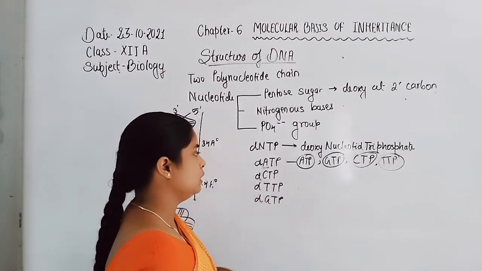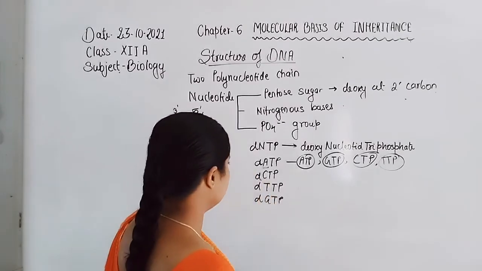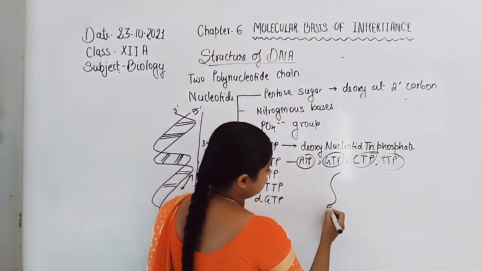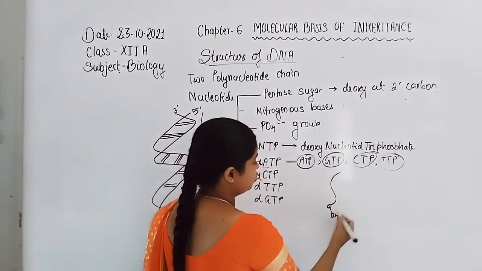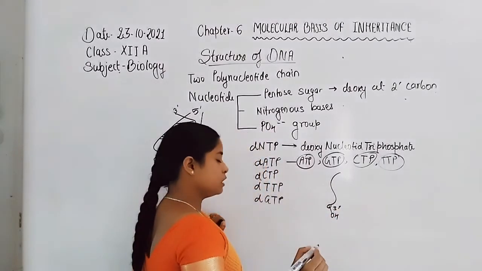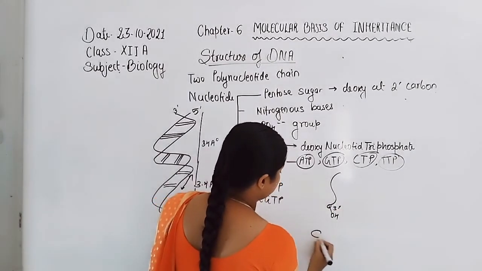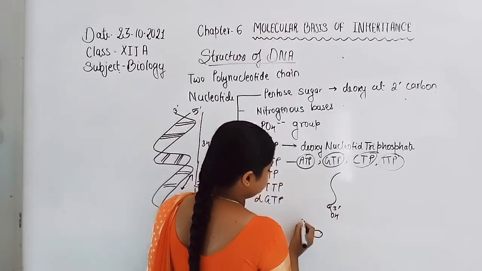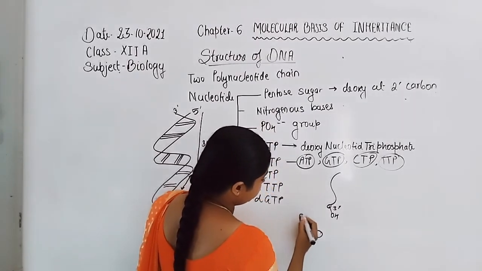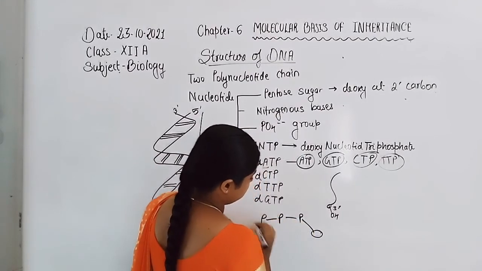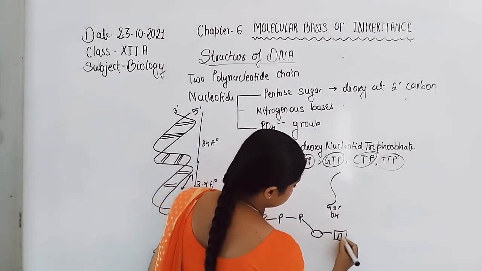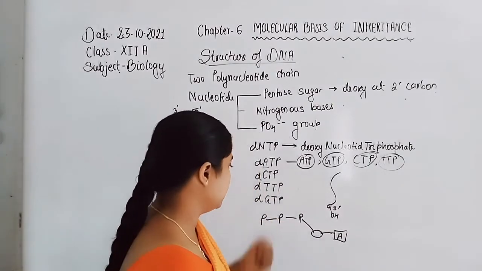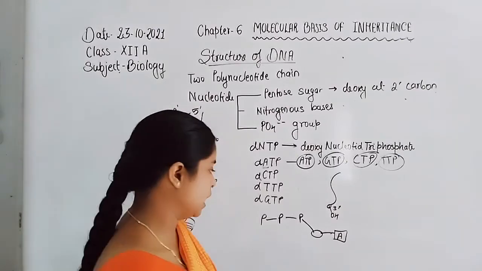Now, similarly, when here is a DNA strand and this one is the last nucleotide, which has a 3' hydroxyl group, because the reaction always takes place in the 5' to 3' direction, this is the phosphate group, the pentose sugar, and the phosphate groups present in the triphosphate. If the nitrogenous base is adenosine, it is known as adenosine triphosphate.